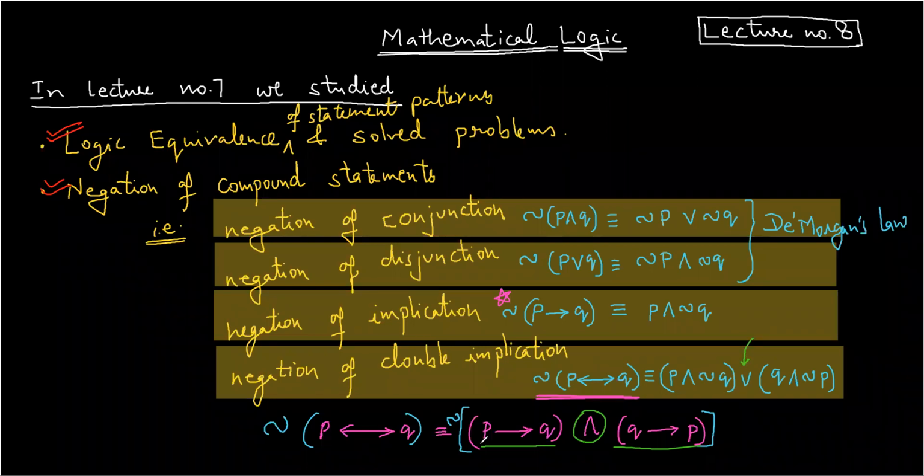Then you also get the negation of each part. Negation of P implies Q is P and not Q. Negation of Q implies P is Q and not P. So this we had done in the last lecture. Today we will solve a few problems on negation of compound statements.